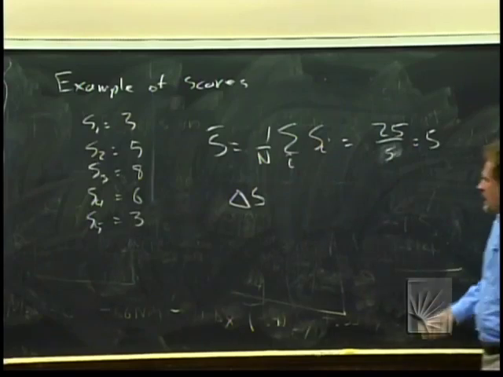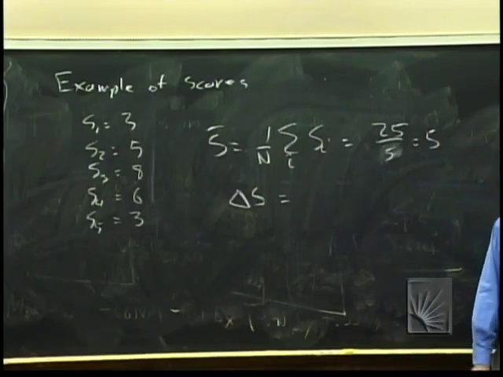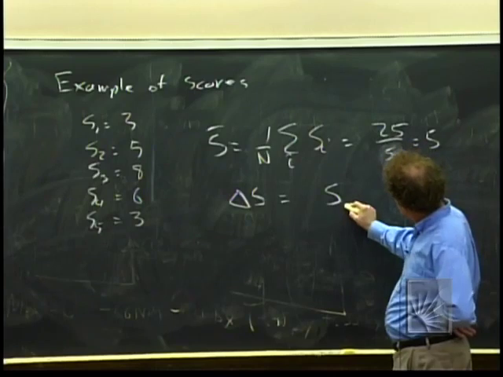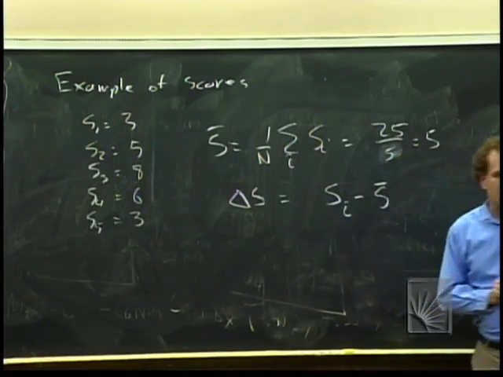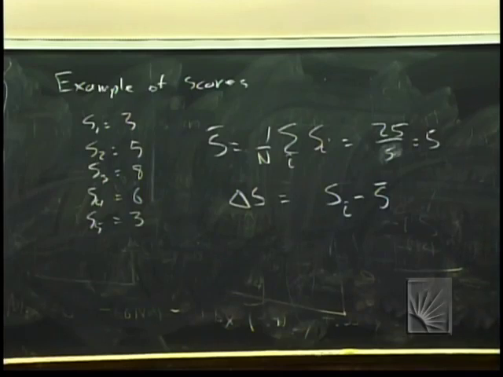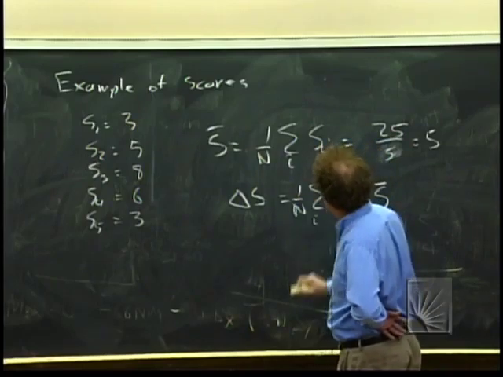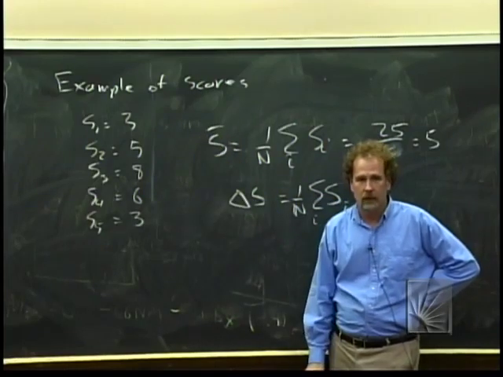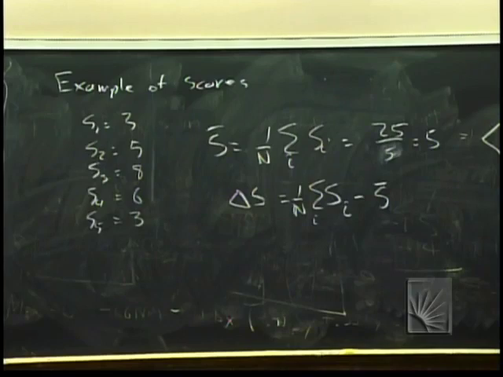So let's think of a mathematical way to represent it. The first thing you might think of is, let me take each score and look at the difference between that score and the average score. That's a simple thing to do. And so let's average again. By the way, are you familiar with that? If I write a bar over something, that means average it. It's often also written that way.